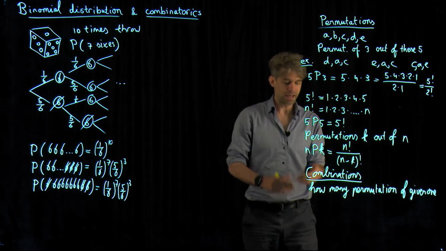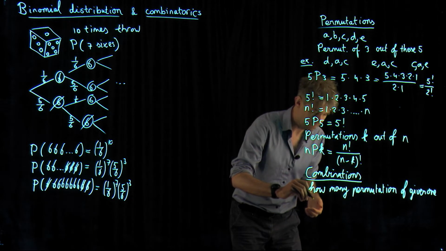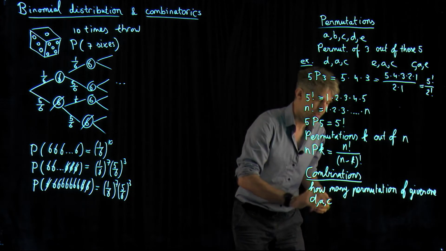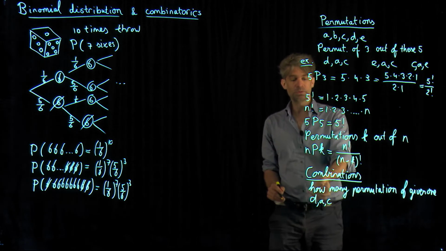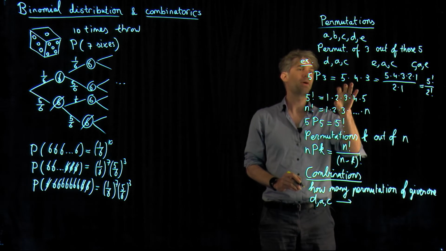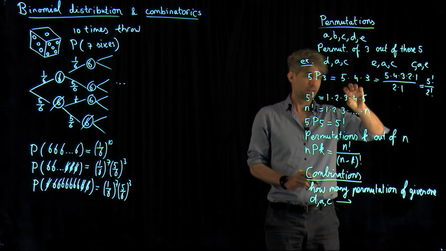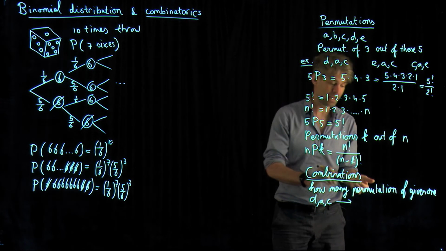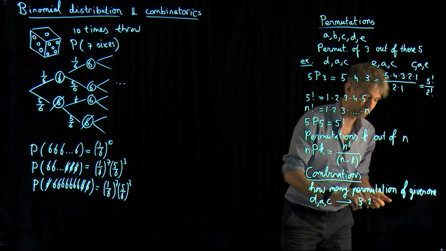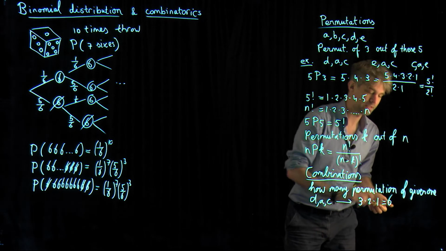So if I have, for example, this example here of DAC, how many ways can I permute these 3 letters? That's computed in exactly the same way as we've just done. For the first position, I have 3 options. For the second position, I have only 2 options, and for the last one, 1, so that would be 6.